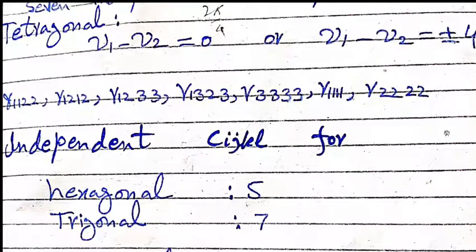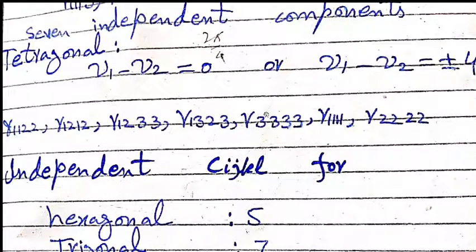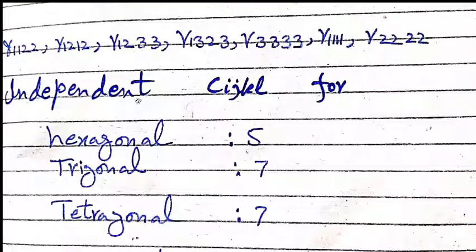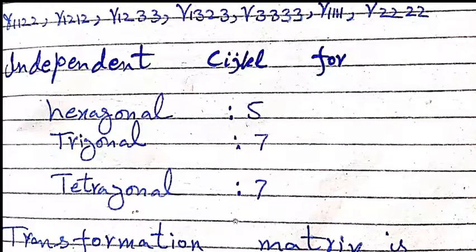So up to here we have written the components in the form of gamma, but our elasticity matrix is in the form of C's. So we have to go for those C's. Which are they? We know that hexagonal 5, trigonal 7 and tetragonal 7.